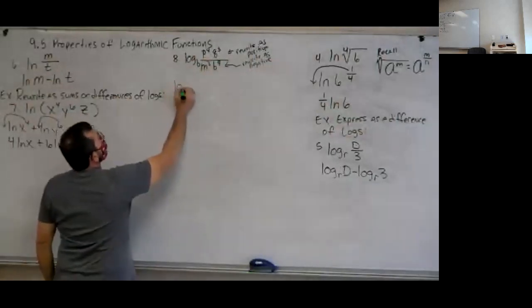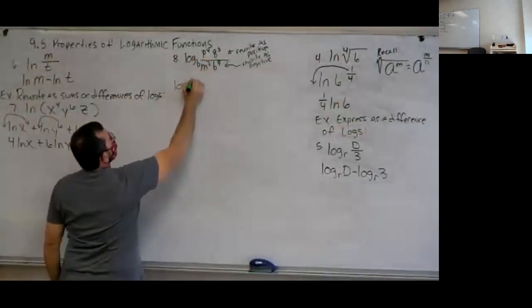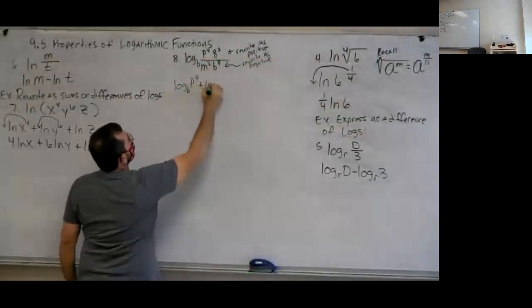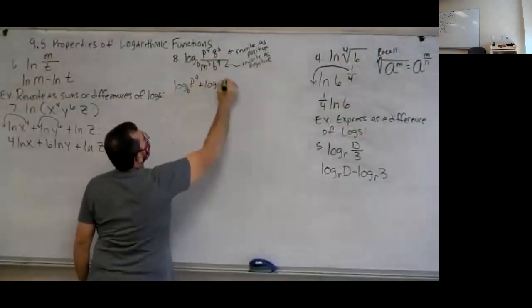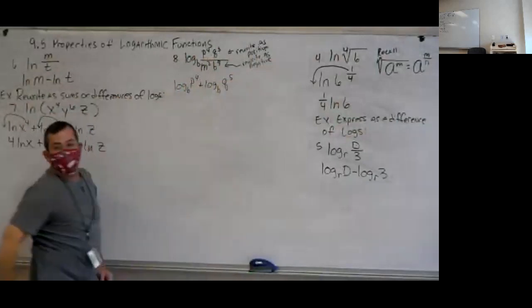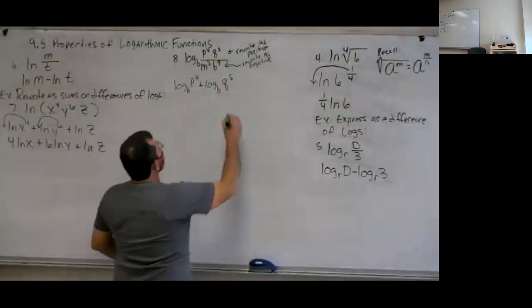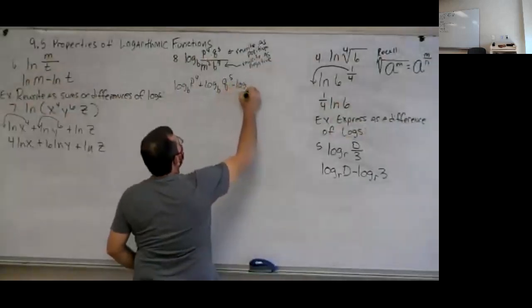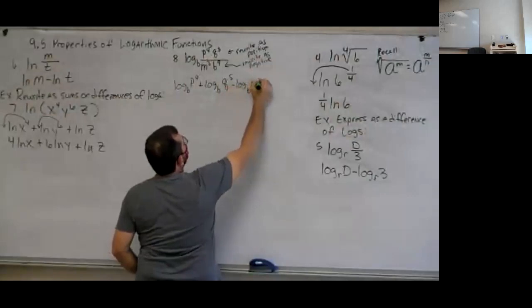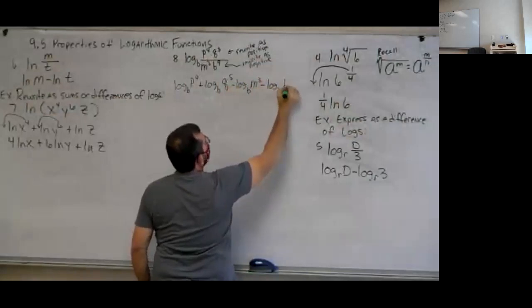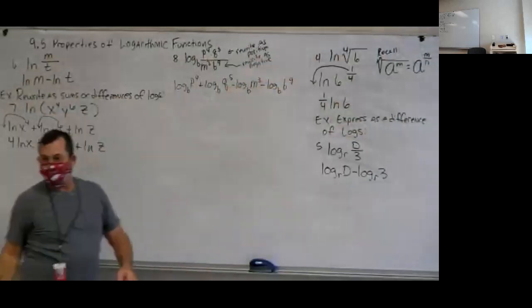So you're going to have a log b of p to the 4th plus log b of q to the 5th. So those two are on top, we kept them positive. Everything else is on the bottom, and they're going to be rewritten negative. So minus log b of m to the 3rd minus log b of b to the 9th.